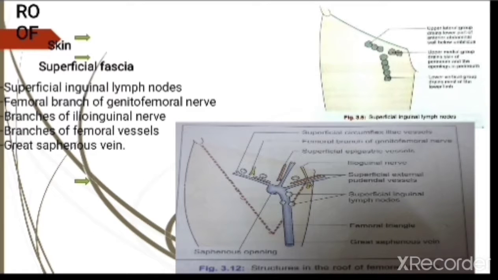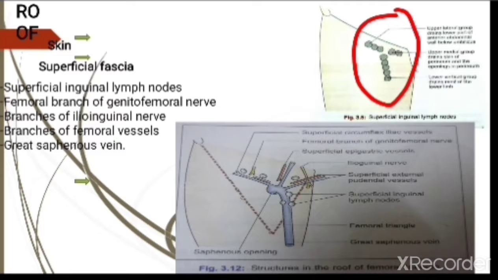Then the roof. The roof of the femoral triangle is formed by skin. Beneath the skin we find the superficial fascia. The superficial fascia contains some cutaneous structures like the superficial inguinal lymph nodes. The superficial inguinal lymph nodes in the femoral triangle are in the form of a capital T shape.